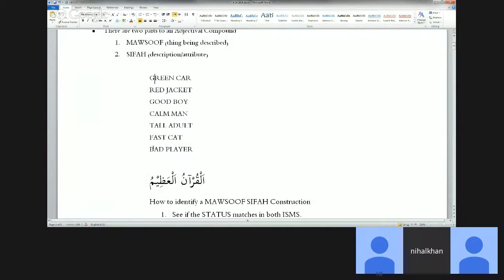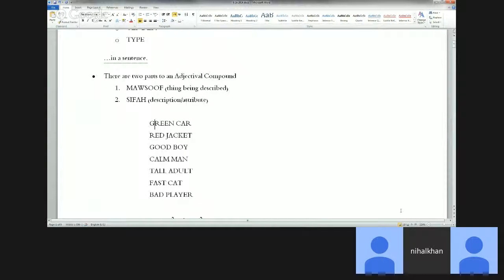So for example, you have the green car. Let's find the mawsuf. What's the thing being described? Car. Car is being described, and the sifa is going to be what? Green.